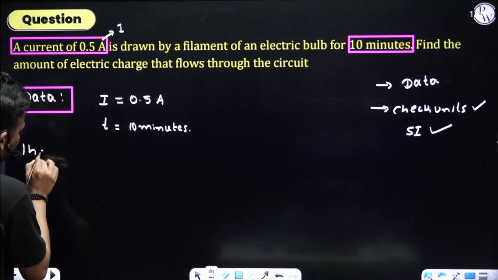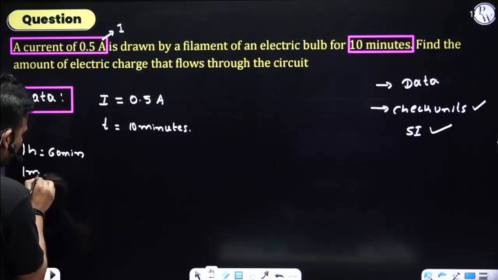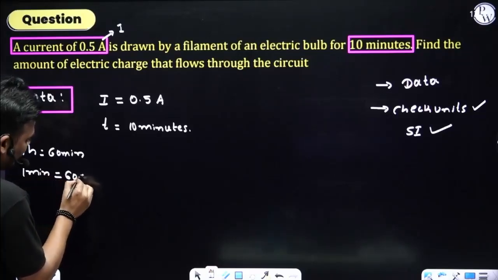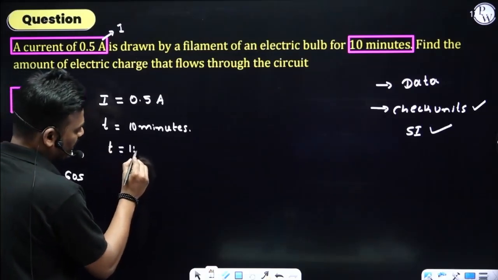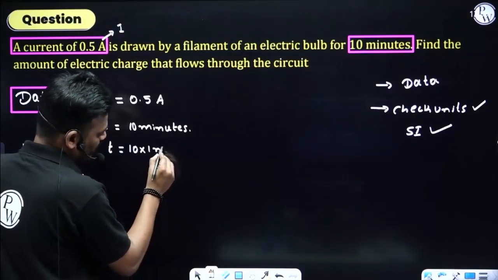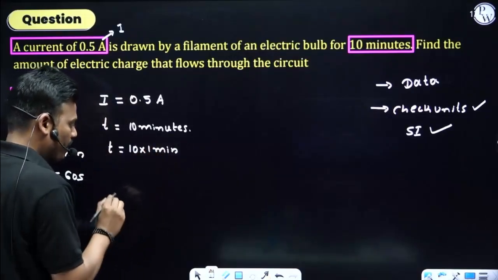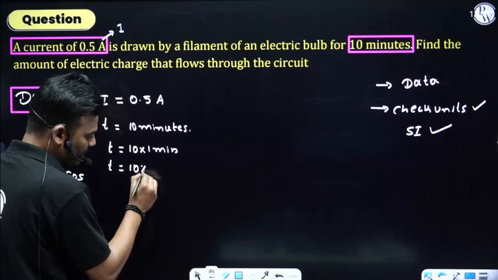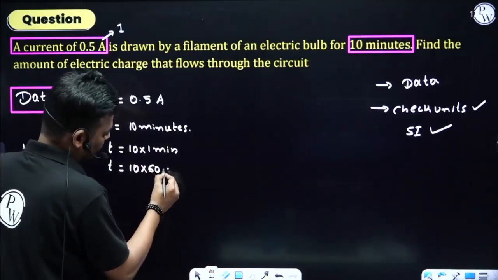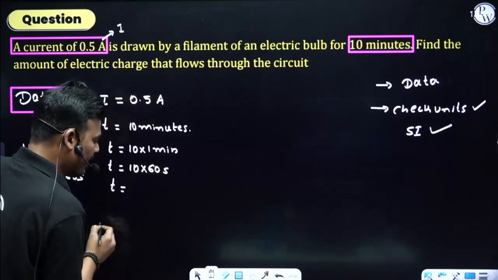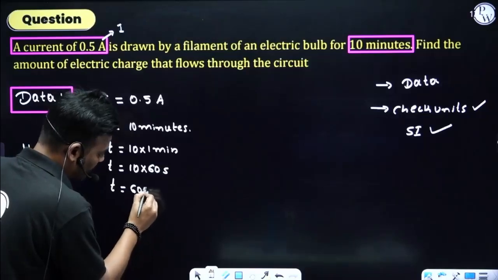We also know the conversion: 1 hour means 60 minutes, and 1 minute means 60 seconds. Therefore, t equals 10 into 1 minute. 1 minute is equal to 60 seconds, so 10 into 60 is 600 seconds.